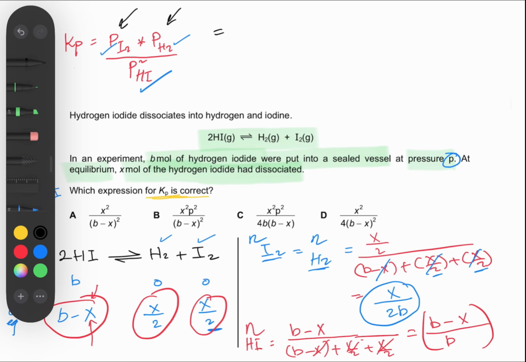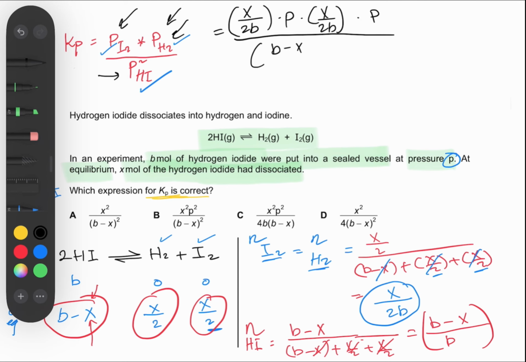We can say that the partial pressure for I2 is equal to the mole fraction, x over 2B, multiplied by P. And then we multiply it with the partial pressure for H2, which equals the mole fraction of H2, x over 2B, multiplied by P. And then we divide it over the partial pressure of HI squared, which is B minus x squared over B squared, multiplied by P squared.